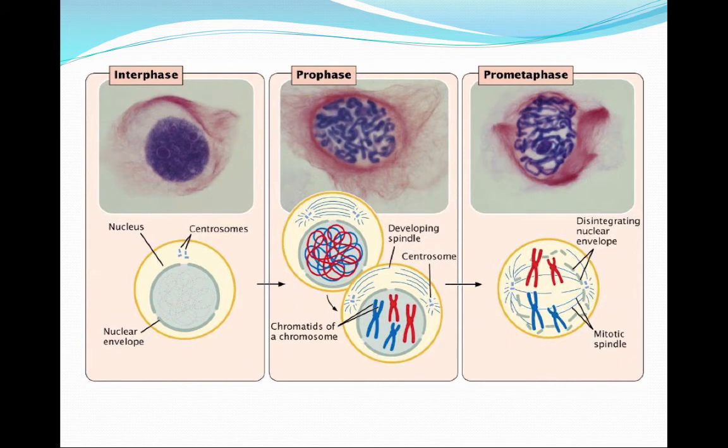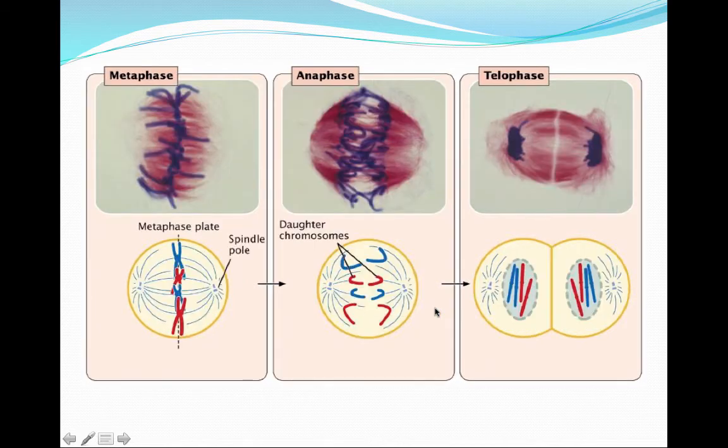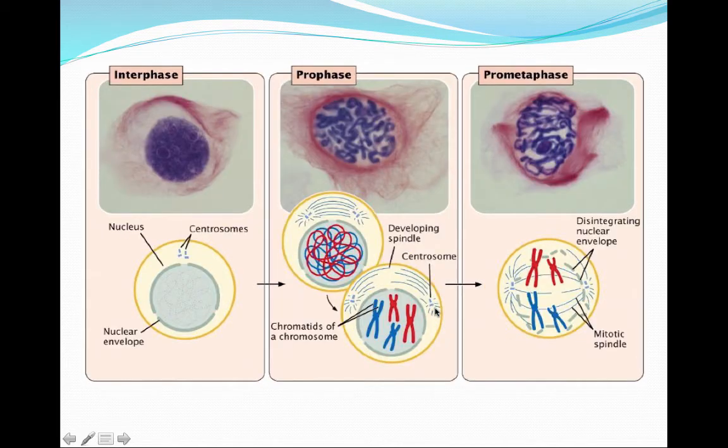So looking at a different configuration of this process, again, we have interphase where our nuclear envelope is going to contain DNA in its relaxed form. We're going to proceed to prophase where our spindle fibers are going to be migrating towards opposite poles. That leads us into prometaphase.